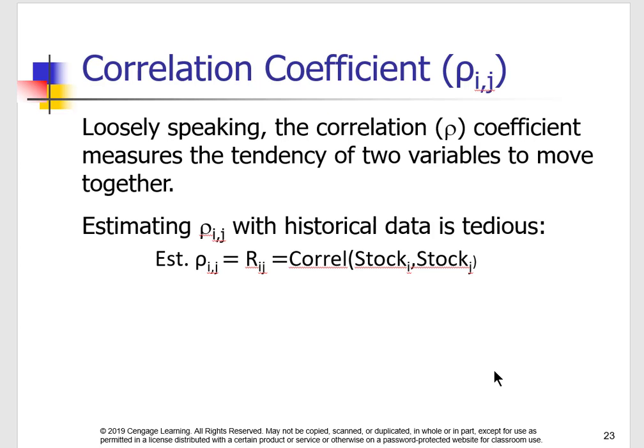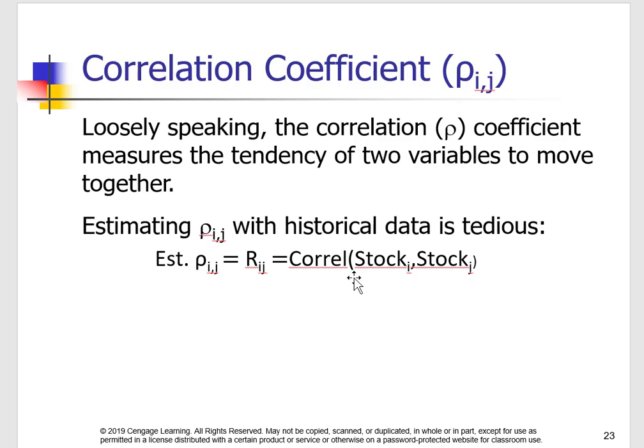So what we need to do is measure this relationship. It's called correlation. It measures the tendency of two variables to act or move together. And of course, we have our Excel formula here, right?